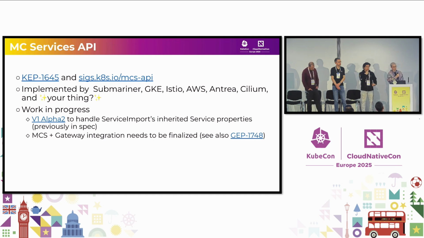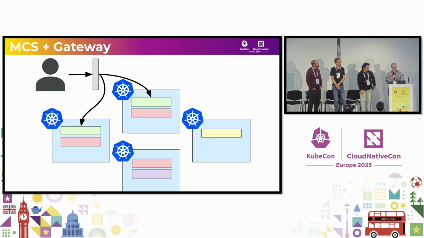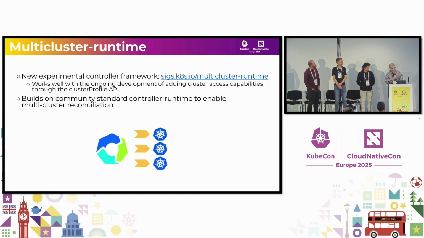So that connection point between the MCS API in SIG-MC and the Gateway API in SIG Network is something we work very closely with them on. There's another link there to a GEP, Gateway Enhancement Proposal, that talks in more detail about how those leverage each other. And this is a little cute version of the MCS plus Gateway.